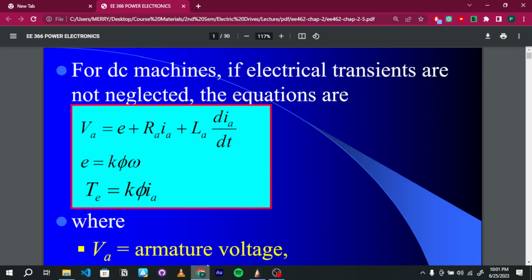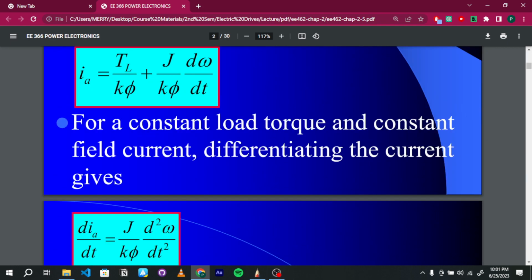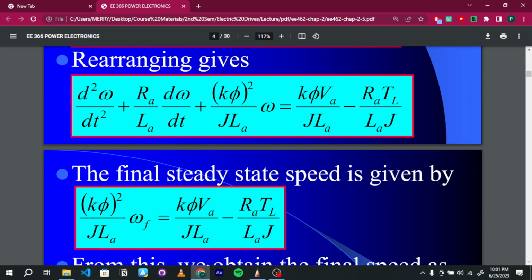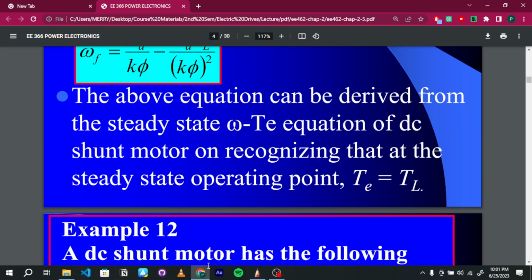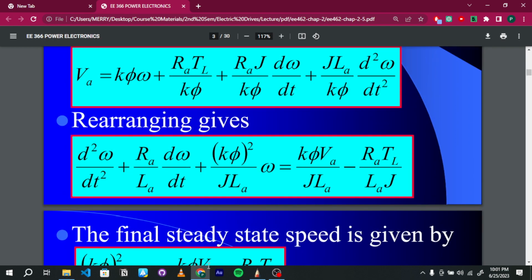All this is the mathematics. You move through it, and what you must arrive at is this equation here. This is what we want. So memorize this equation.